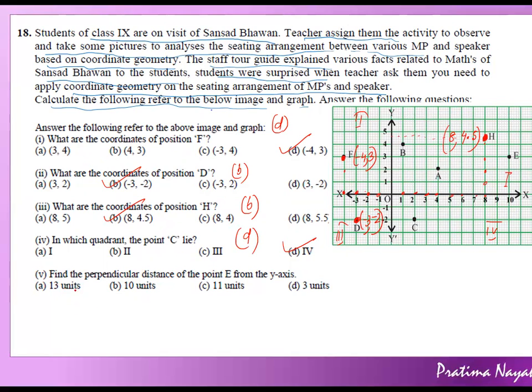Fifth one, find the perpendicular distance of the point E from y-axis. E is here. Perpendicular distance from y-axis is the x value. It is 10. This distance is 10. So 10 is the answer for fifth. B is the answer.